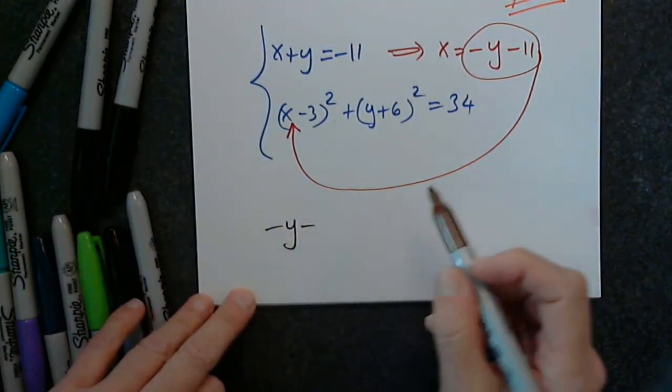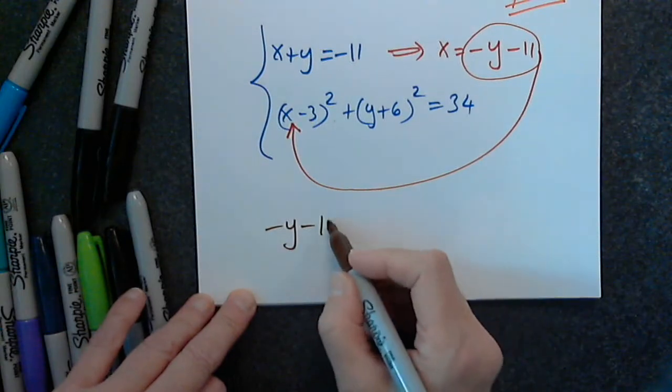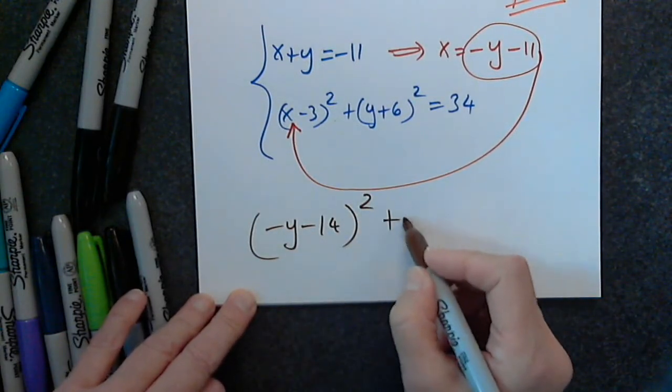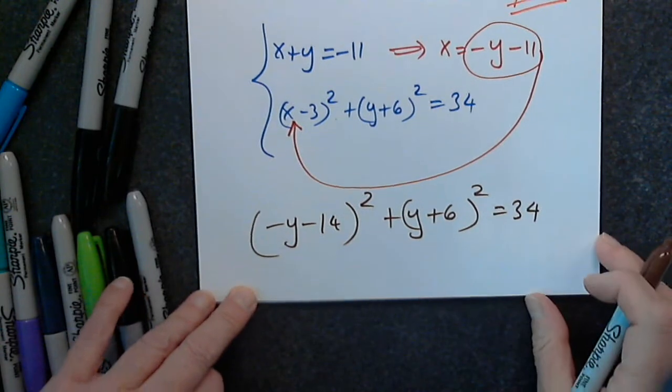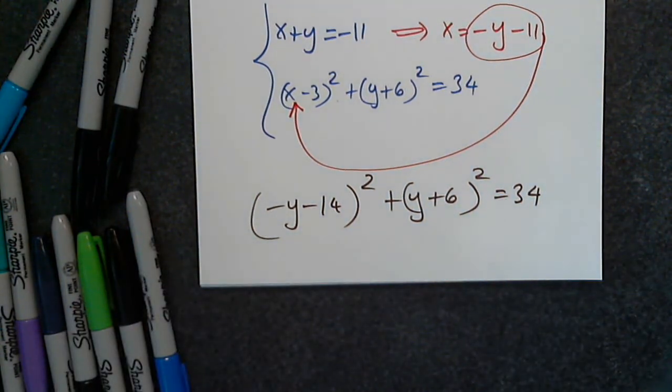So negative y minus 11 and minus 3 will be negative y minus 14, everything squared, plus (y plus 6) squared equals 34. Okay, now what? How do I solve this equation? What is the first step I need to perform?